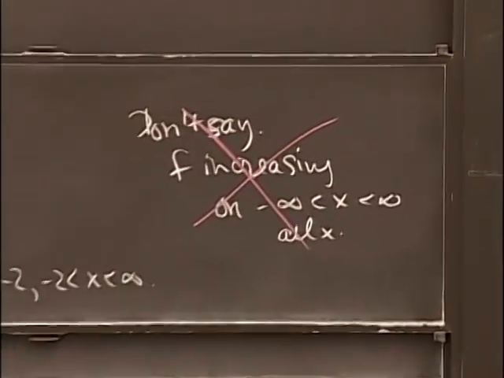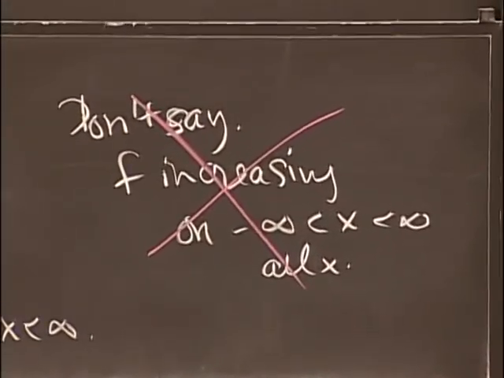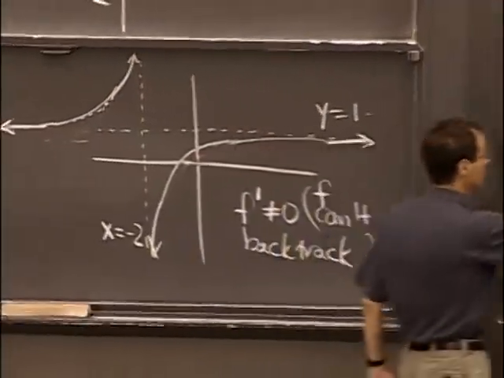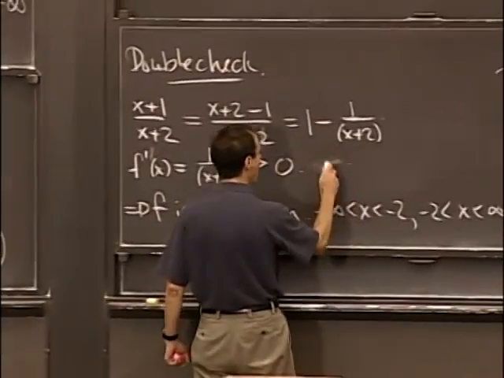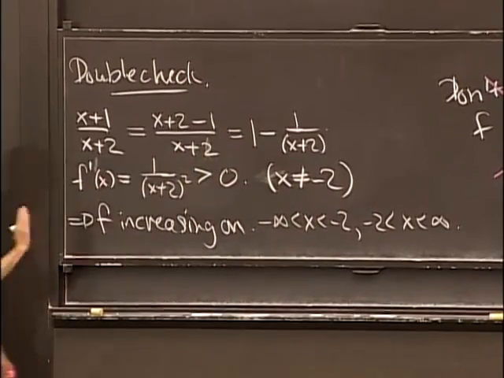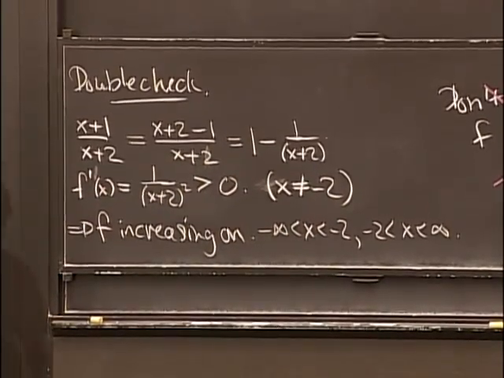Okay, and the reason is, so first of all, it's totally obvious. It's going up here, but then it went zooming back down there. And here, this was true, but only if x is not negative 2. So there's a break, and you've got to pay attention to the break.